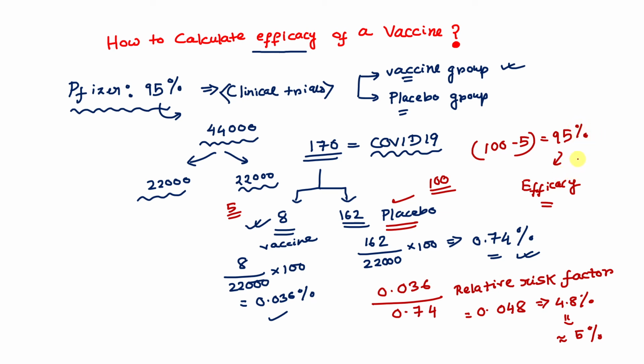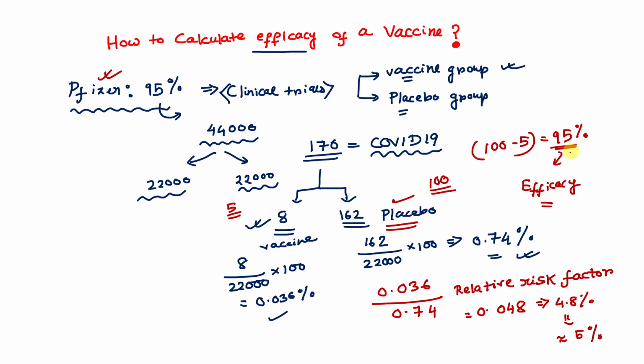This 95% suggests that if anyone is vaccinated by that particular vaccine, they are 95% protected from COVID-19 compared to a person who is not vaccinated at all. So that is called the efficacy.